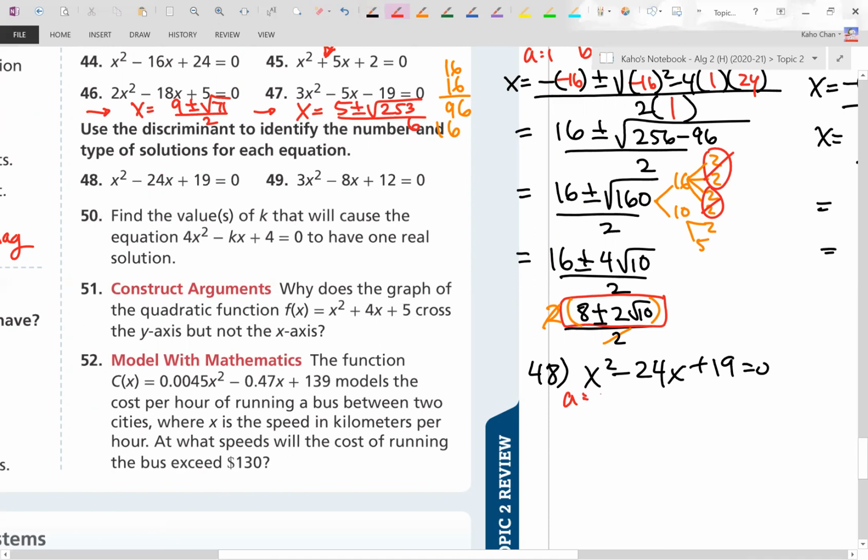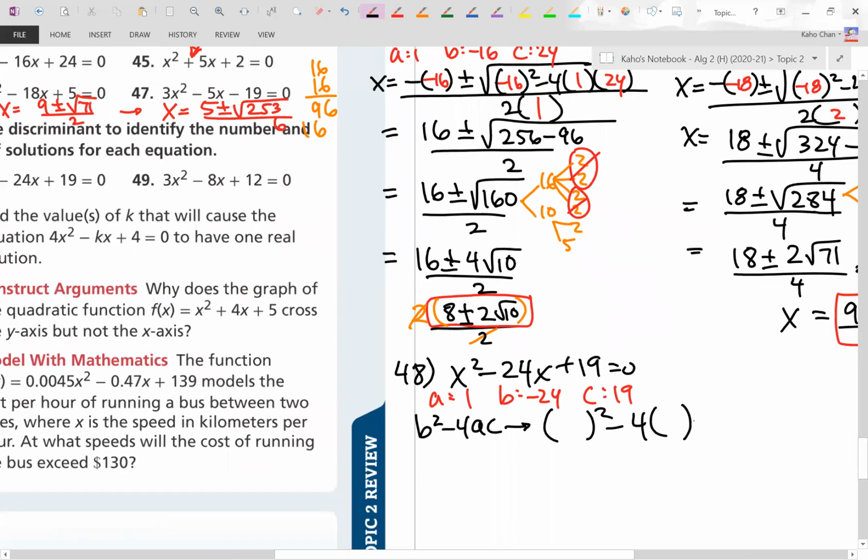A is 1, B is -24, C is 19. Put into the equation B squared minus 4AC. Plug it in. B squared is -24 squared minus 4AC.